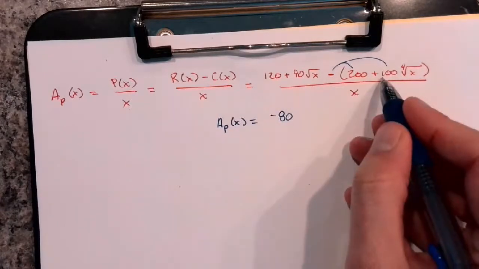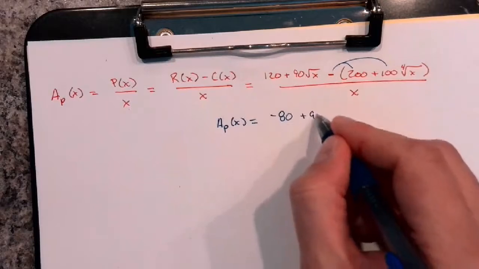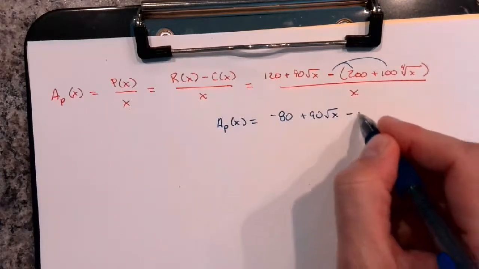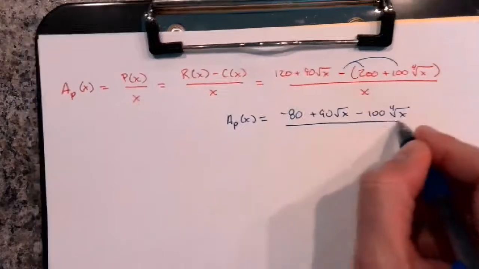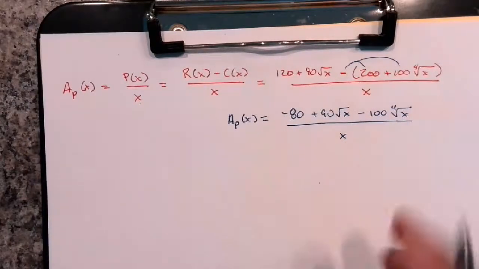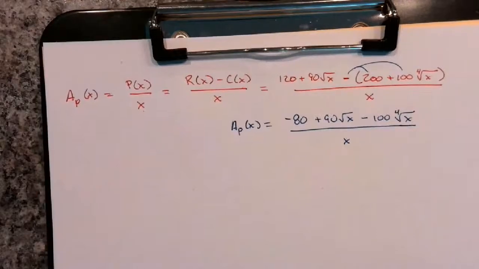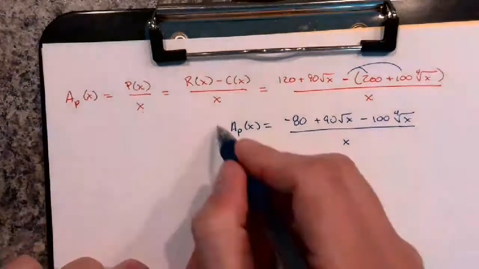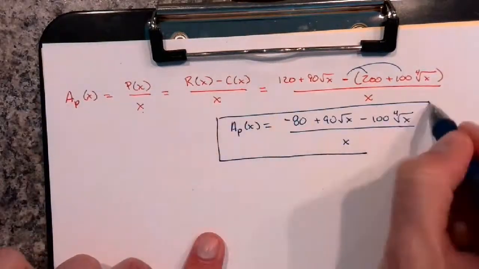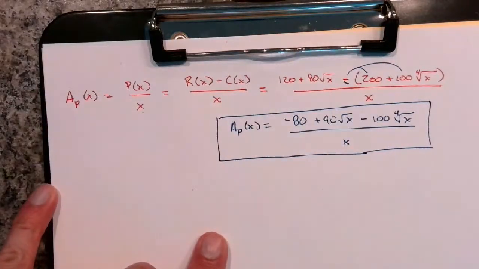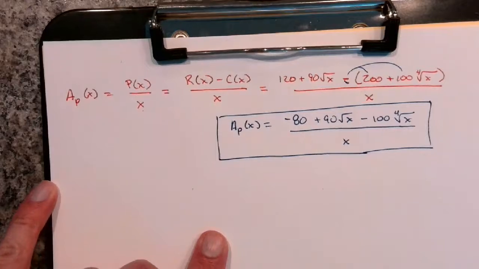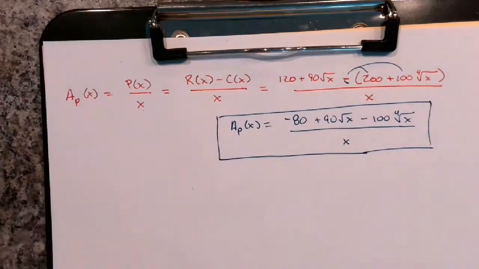The negative gets distributed through, but doesn't combine with that, so we get plus 90 square root X minus 100 fourth root of X, all over X. I skipped a step in here, but I think you can see what I did: I distributed the negative and combined the like term with the 120, so I don't have to distribute and then combine.